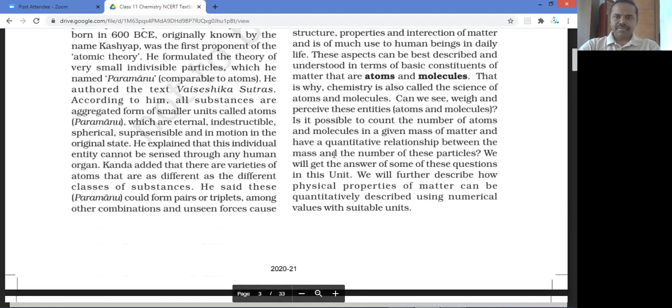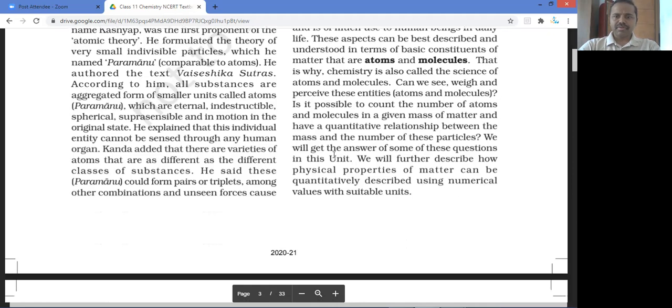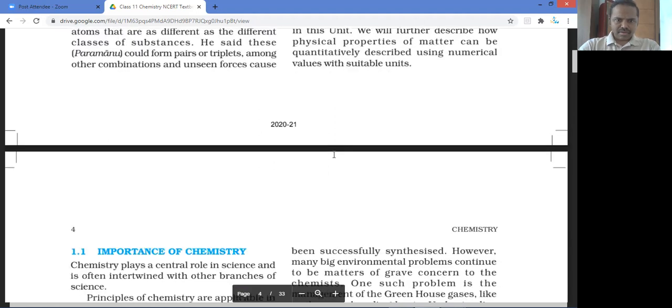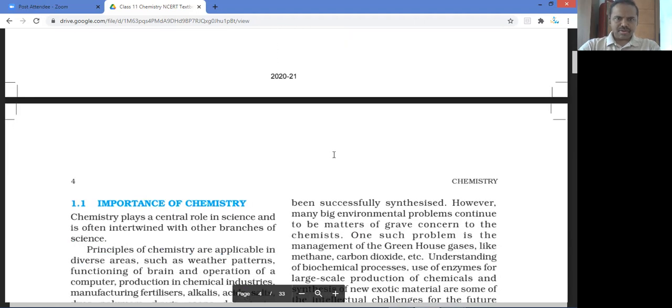We also saw how physical properties of matter can be quantitatively described using numerical values with suitable units. I think you may have some confusion about molecules and moles.